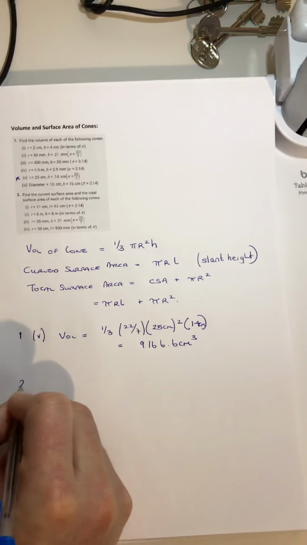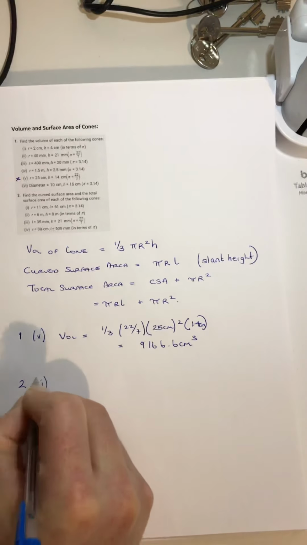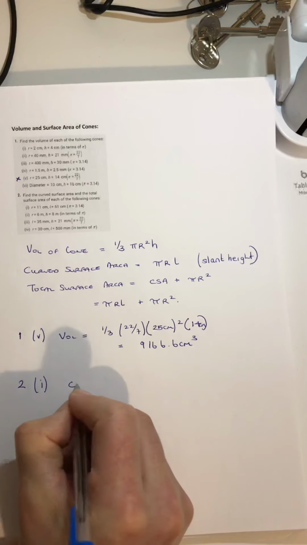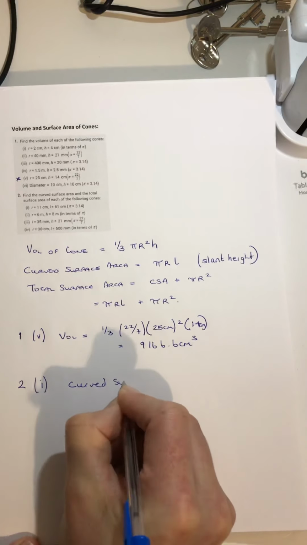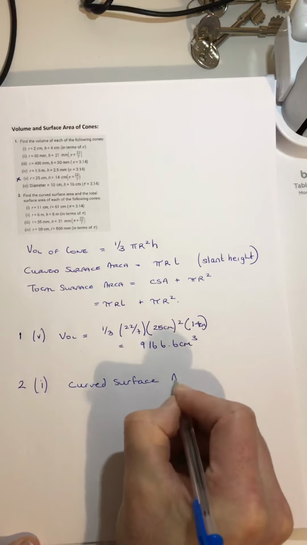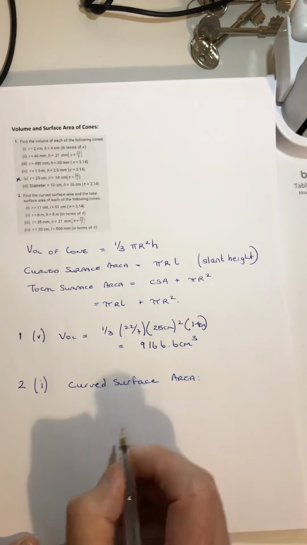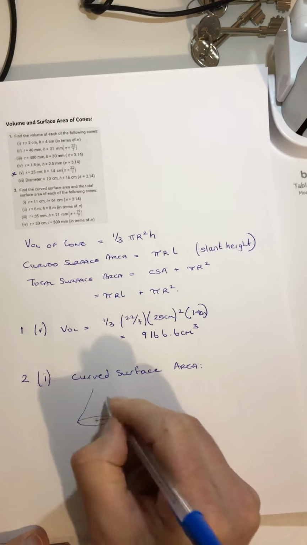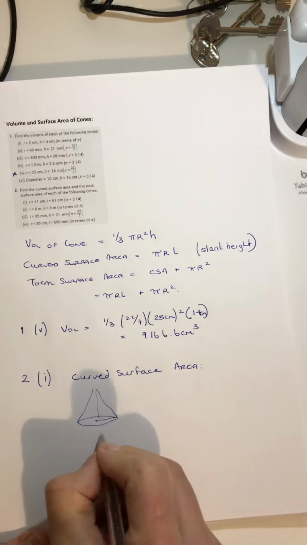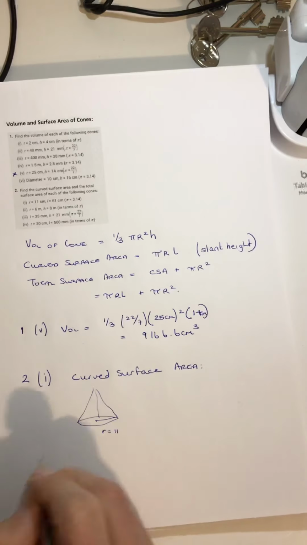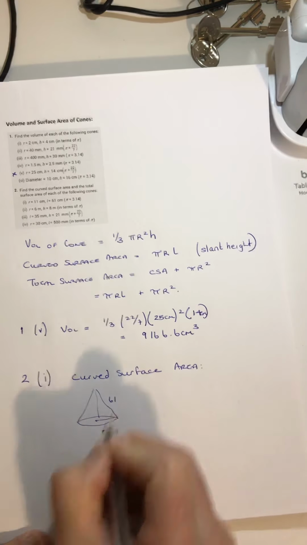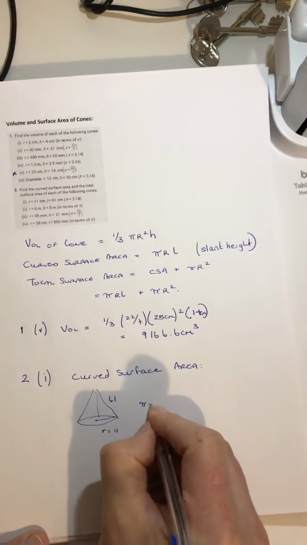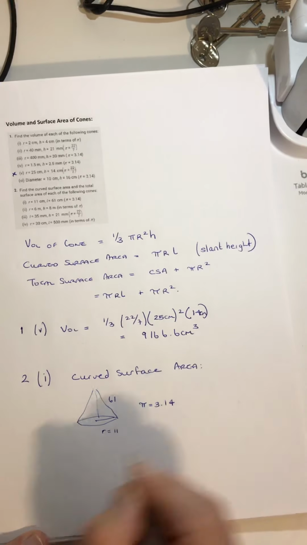Where if we take question 2 part 1, first of all we want to find the curved surface area. So in this one, I'm just going to draw out a little cone. So we have R is equal to 11, L is 61, and pi is equal to 3.14.